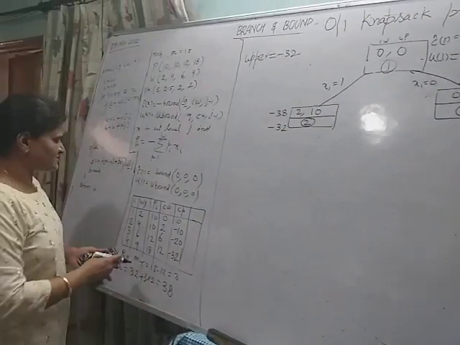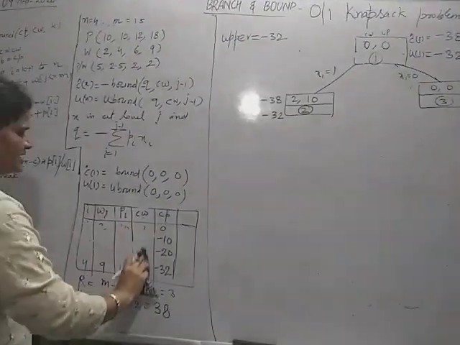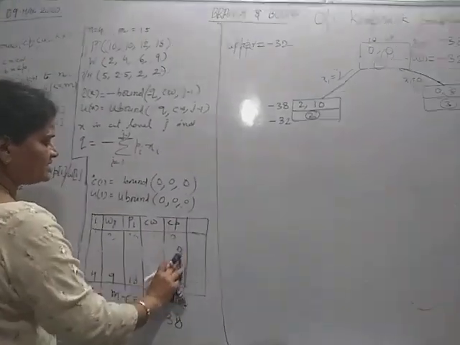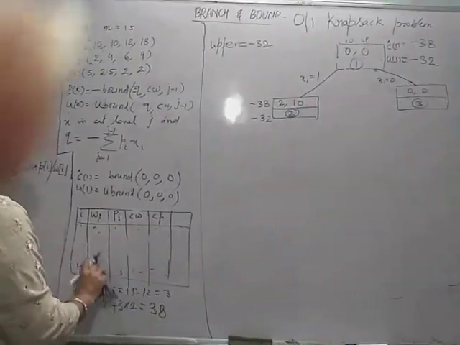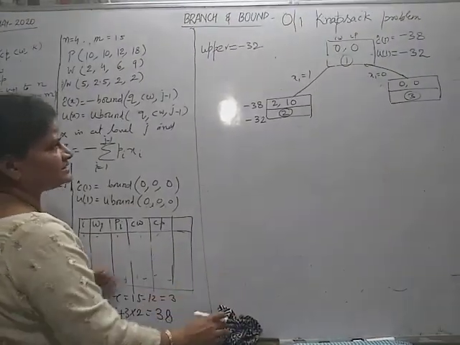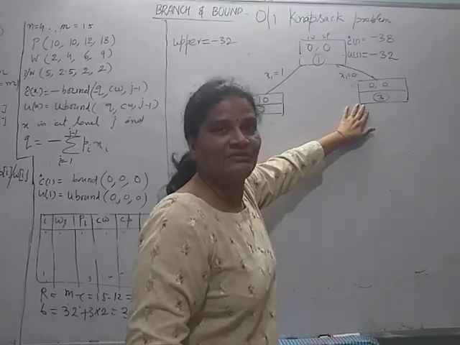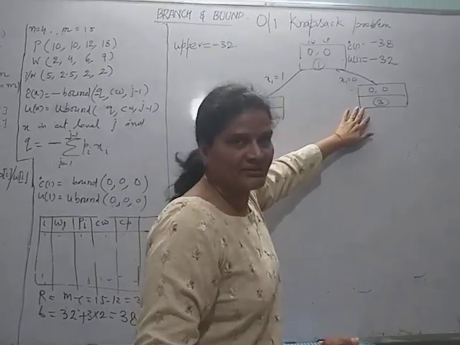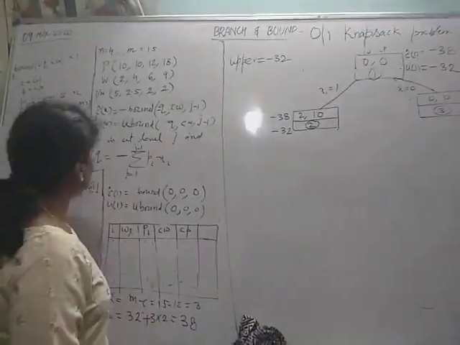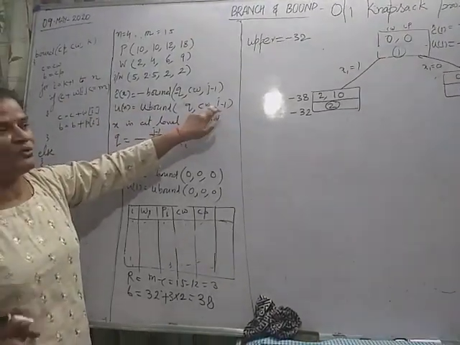So this is the case when the first object is not included. First object is excluded. So when the first object is excluded, then we start from what? Again you see, this live node, the third live node, is at level 2. So for the computation of the U bound, j minus 1 is passed.